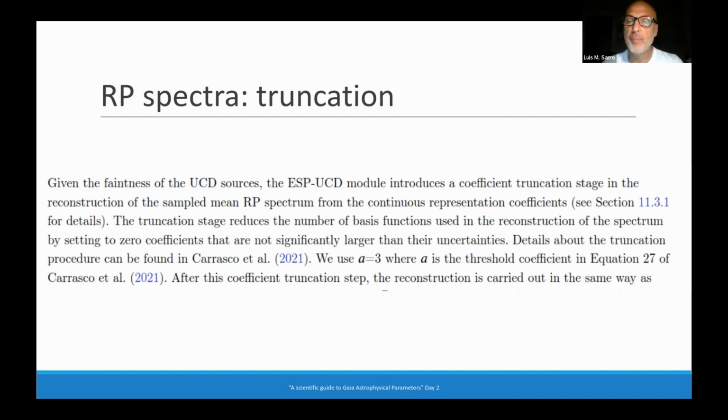There is one parameter for this reconstruction of the spectra, which is A, and we fixed A equal to 3 in equation 27 of this paper. This was done in order to reduce the spurious high frequency oscillations that I was discussing before, the wiggles in the RP spectrum.